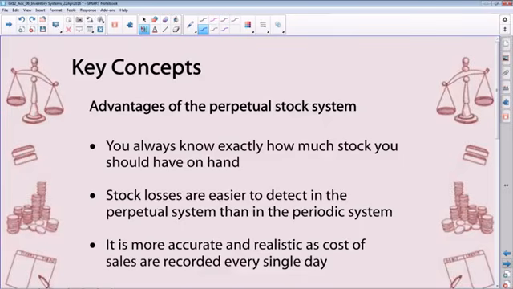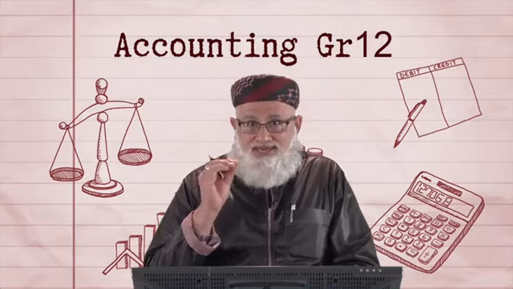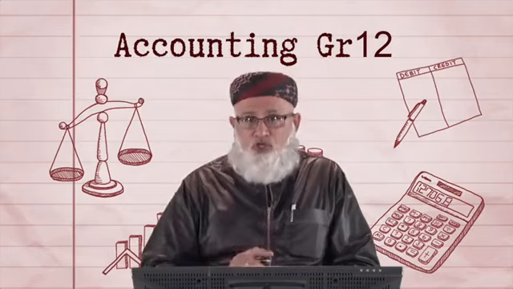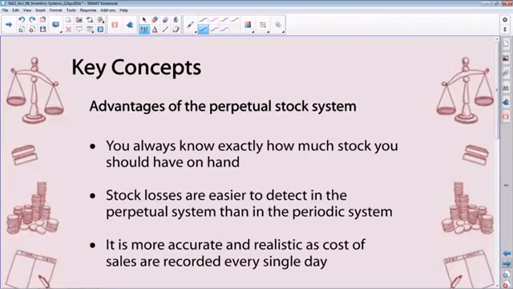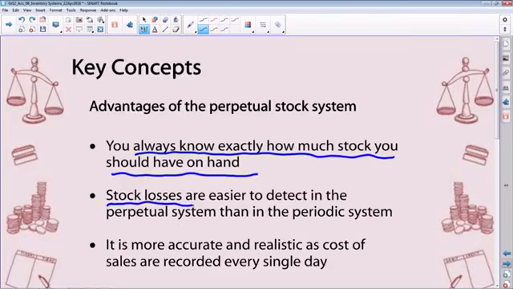Right, now, a key characteristic of the perpetual stock system is you know exactly how much stock you have or you should have on hand. Why? Because you are keeping a running record of your stock.